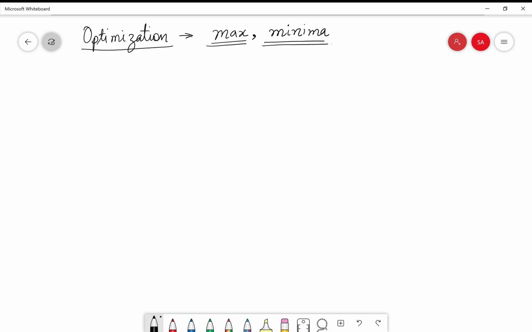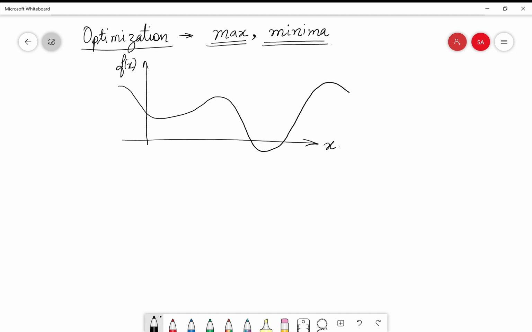So let me draw a function which may look something like this. Let's say the function is of a single variable x. Now you can have a function which may be something like this. In this kind of function you can see that there will be a lot of minima points.